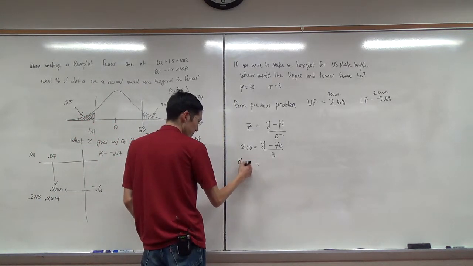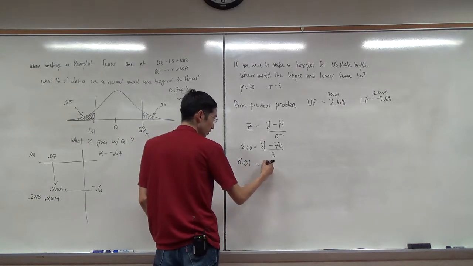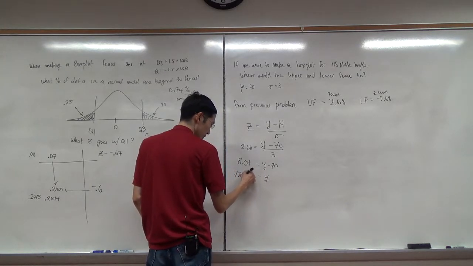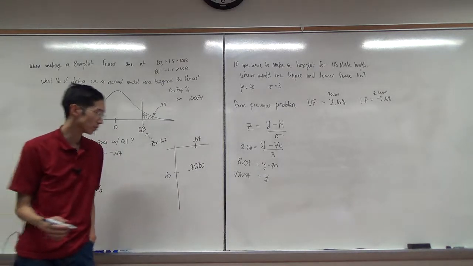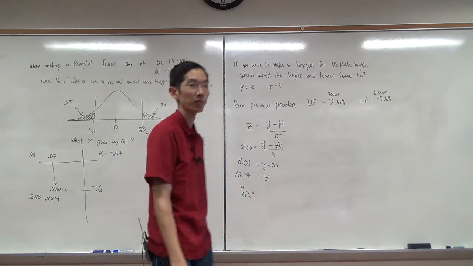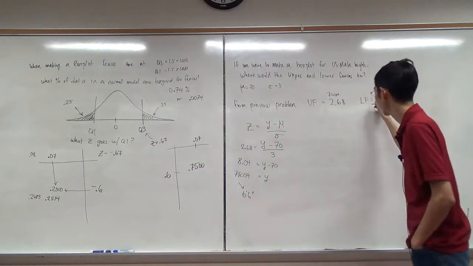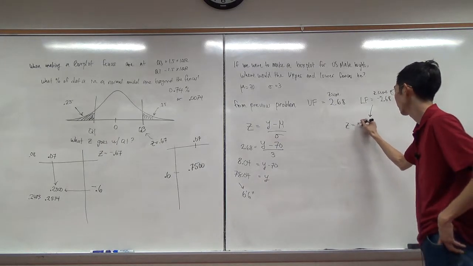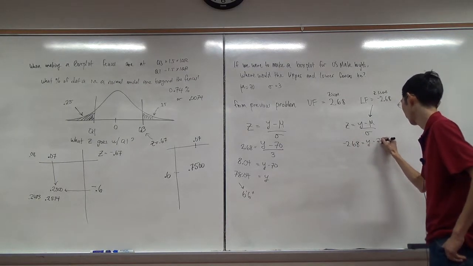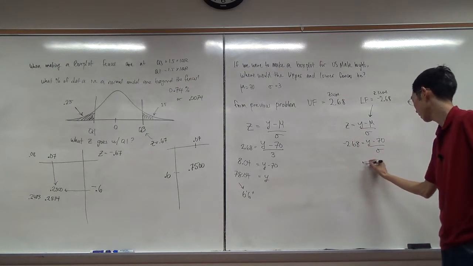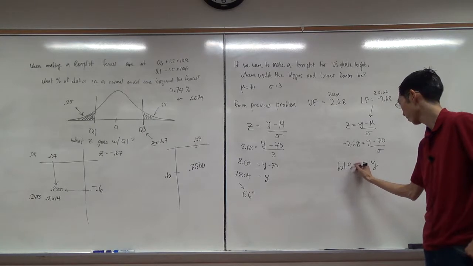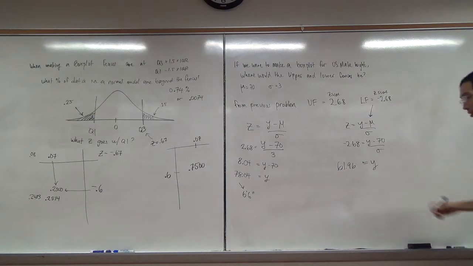If I multiply this through, I get 8.04 is equal to y minus 70. So y is equal to 78.04. This would be approximately 6 foot 6 inches. And on the other hand, over here, I get y is equal to 61.96, so about 62 inches, 5 foot 2.